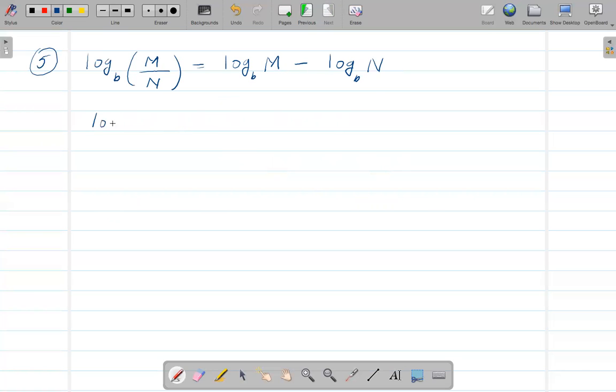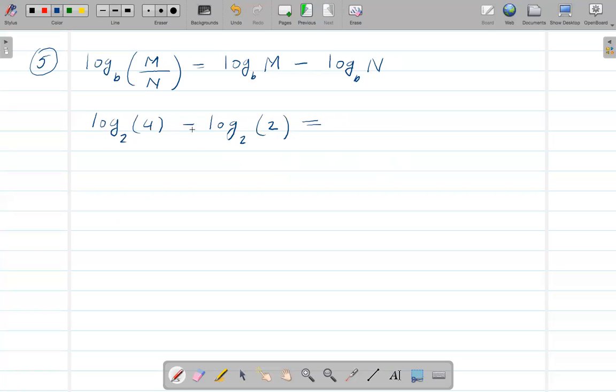So let's say if we have log base 2 of 4 minus log base 2 of 2.